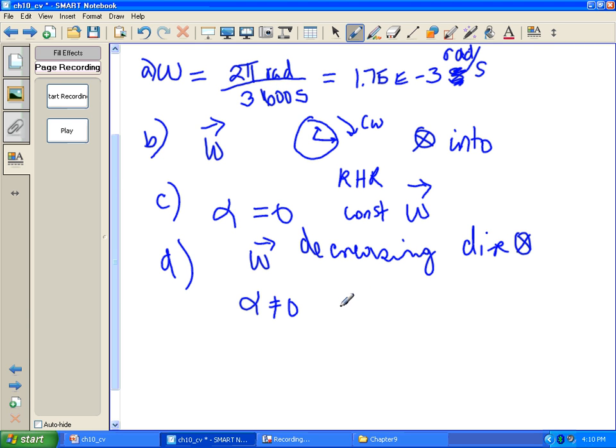Just as when we apply the brakes driving to the right, our acceleration is to the left; if we're driving to the left and apply the brakes, the acceleration is to the right. So here the direction of alpha is out of the plane of the circle, out of instead of into, as is the case for the angular velocity.